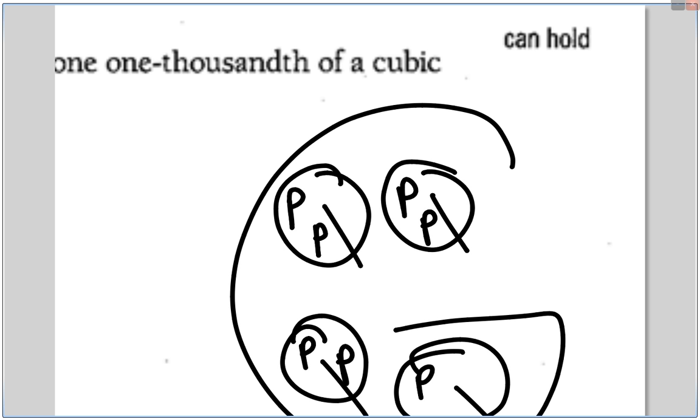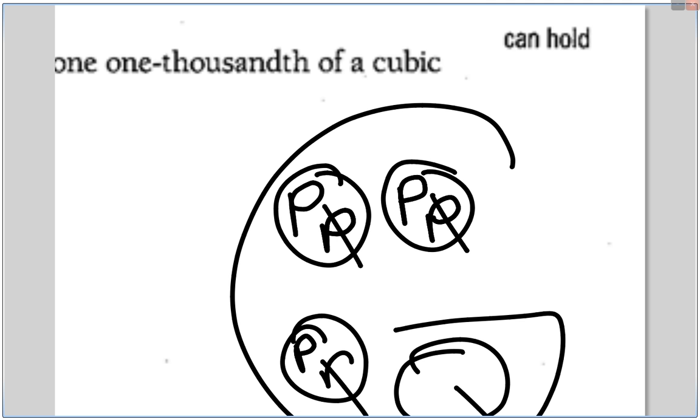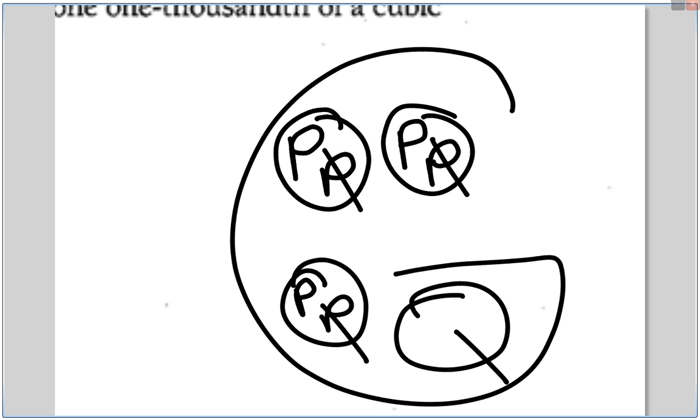So let me just try to make these P's a bit bigger. So in each pint, there's 2 cups.